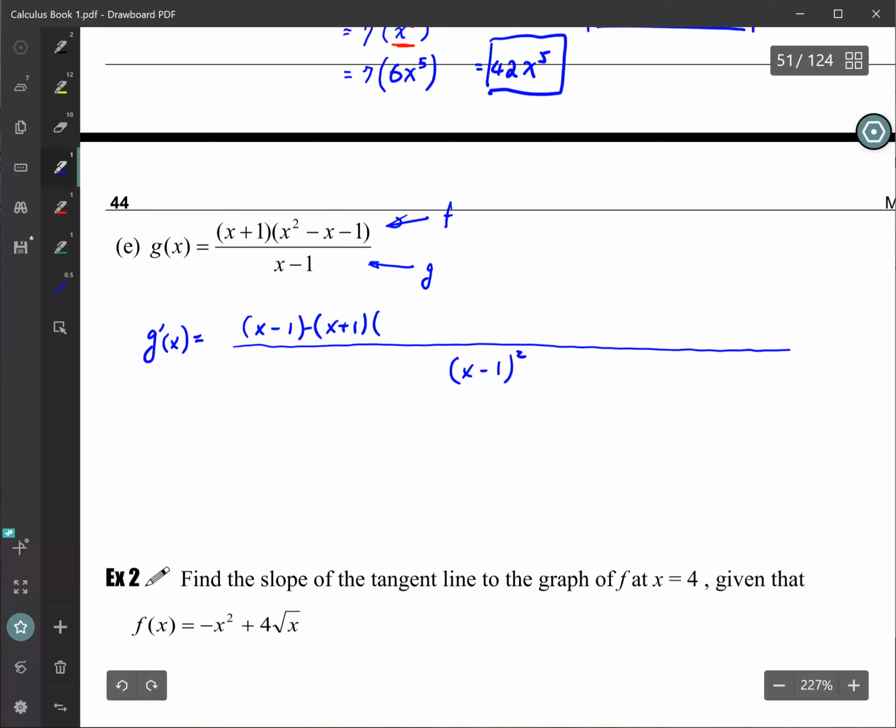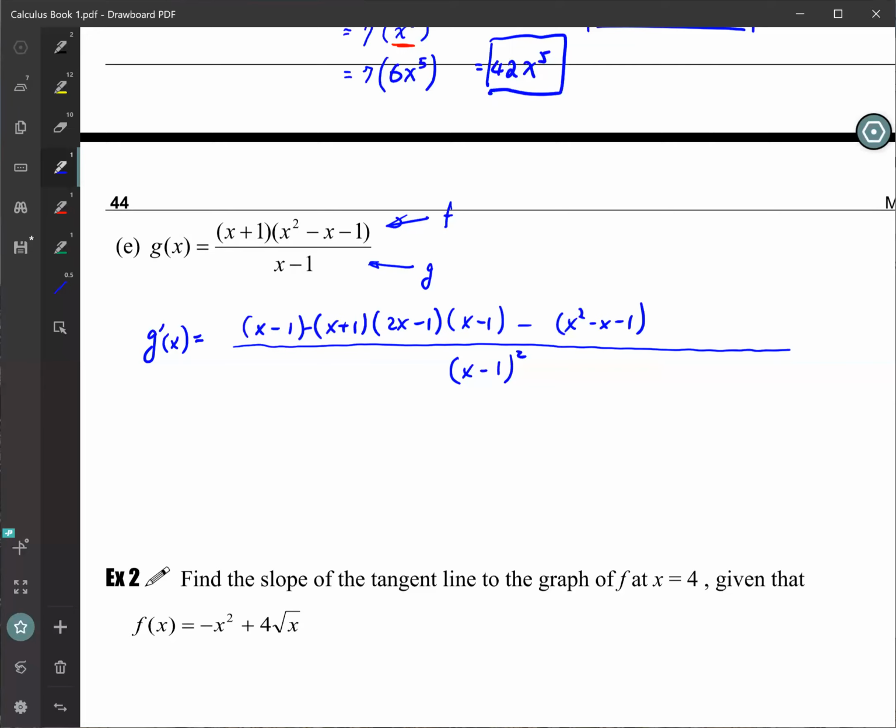Then multiplied by bracket 2x minus 1, and then multiplied by bracket x minus 1, and then subtract bracket x squared minus x minus 1. That's what I got.